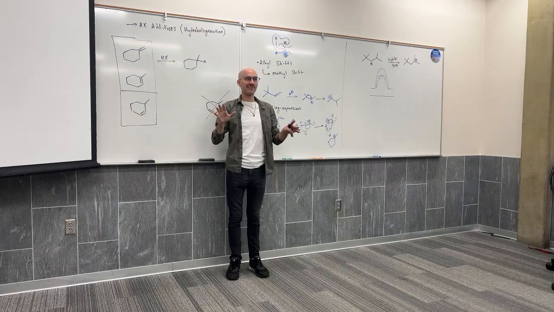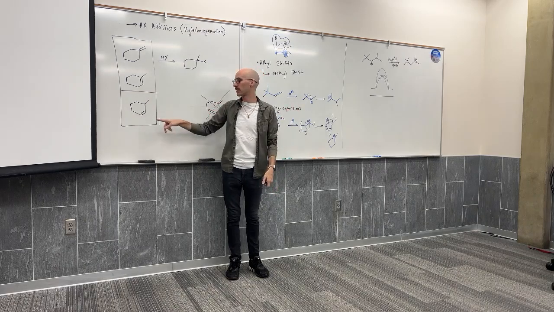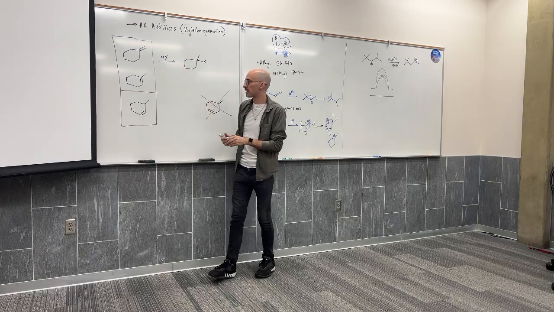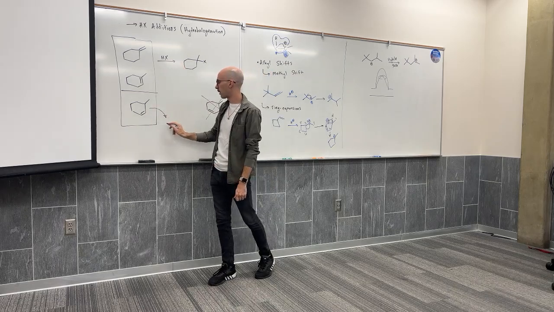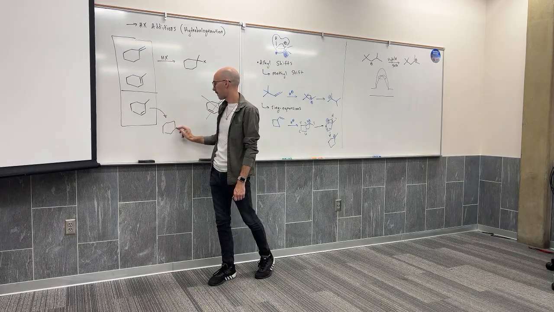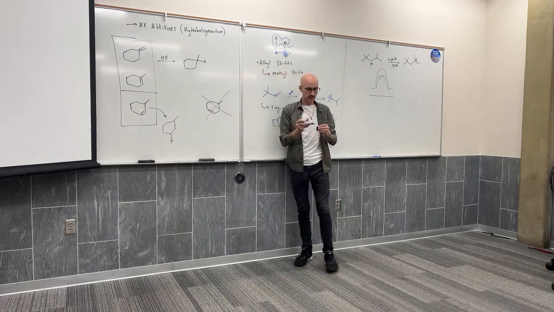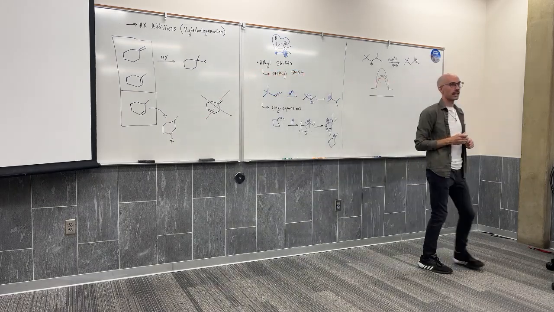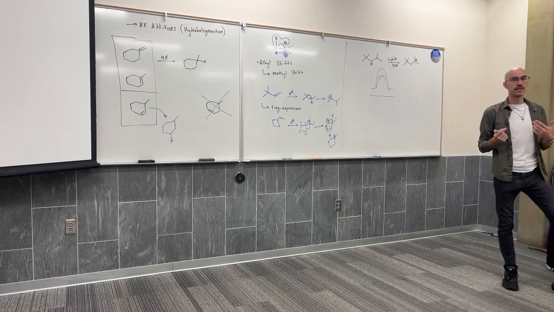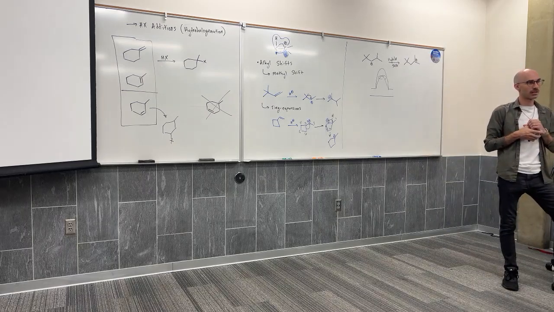So there's not even a 50-50 chance, but there's some chance that this forms this product. There's also a very good chance, a non-zero chance, that it gives us a different product as well, because it is regio-random in its reaction. It's not regio-specific.